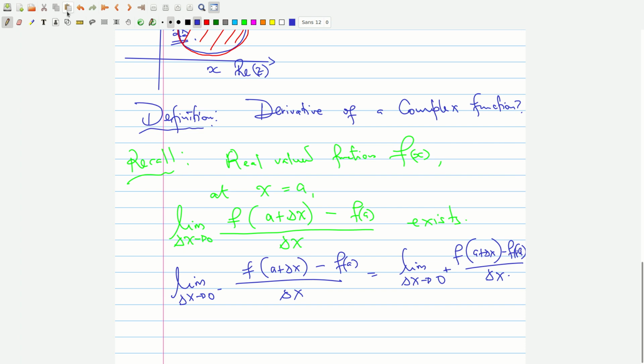Now the idea is more or less the same for our complex valued functions. Let's call our complex valued function f of z.